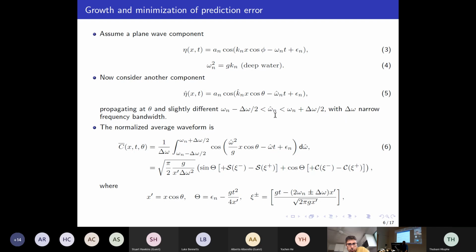So we first calculate the average waveform, which is given by this C bar over the narrow bandwidth, and then we get cosine and sine Fresnel integrals down here. This is a very bulky term, but as we go forward in time, this tends to 0 at longer times and longer distances.